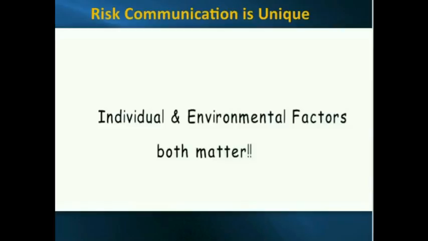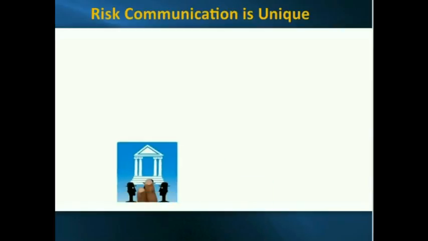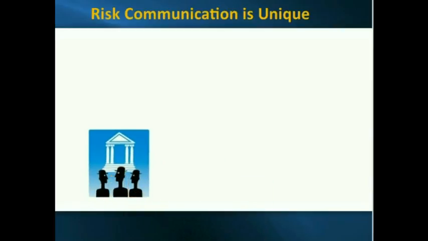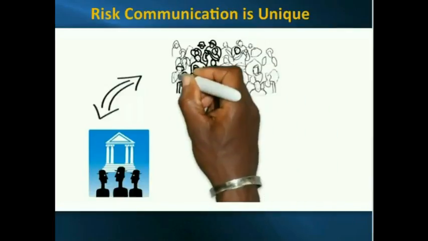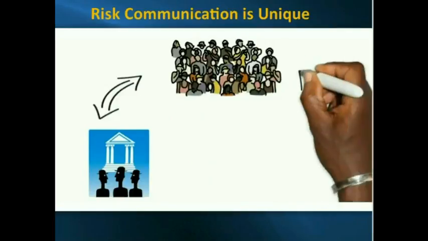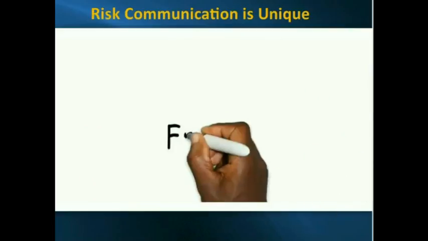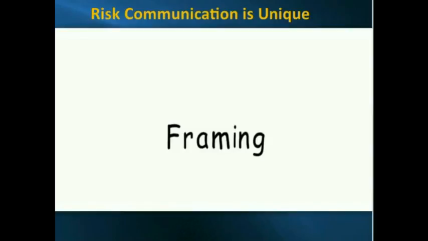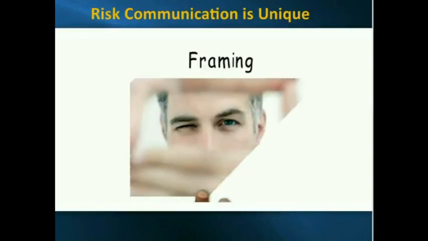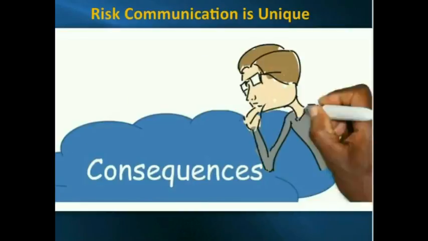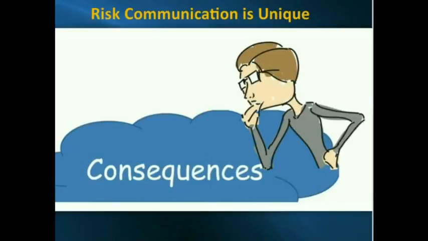As we said in the earlier slide, it is a product of interaction among agencies, activist groups, and individuals. And depending on how risk is framed and communicated, the consequences could be profound.